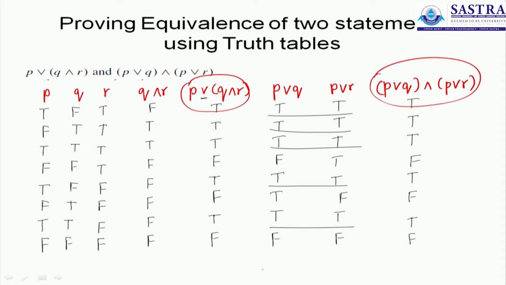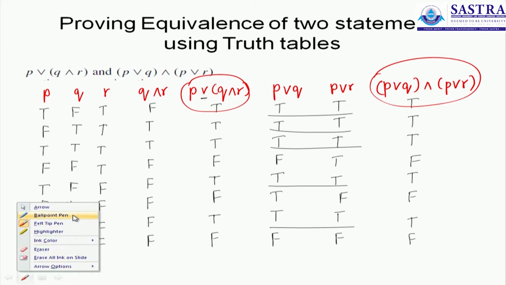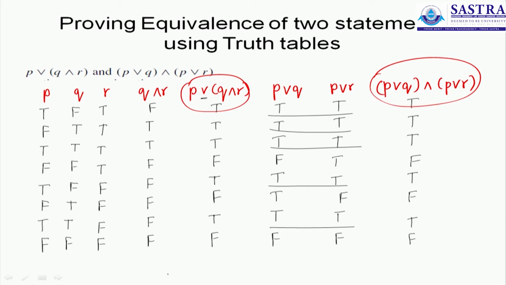They agree with each other in all 8 instances of input, and therefore you can say that the statements which represent columns 5 and 8 are equivalent. A simplified form is what you have. We'll have a look at what these simplified forms are a little later. We're going to give them special names, but as of now you can take heart from the fact that we have learned to show how two compound statements can be shown to be equivalent.